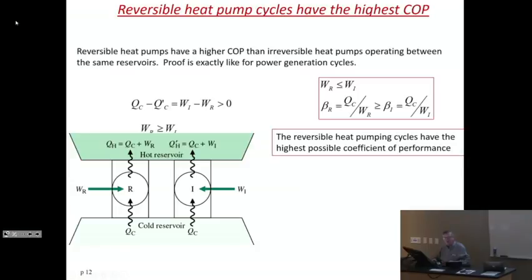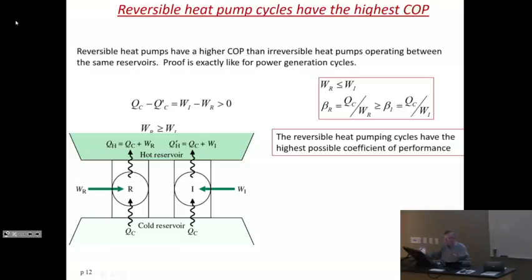We can do exactly the same for the reversible heat pumping cycles, which I show here. The proof is going to be exactly the same as for the power generation cycle. We're going to take an irreversible heat pumping cycle and a reversible heat pumping cycle, and you can walk yourself through that proof.